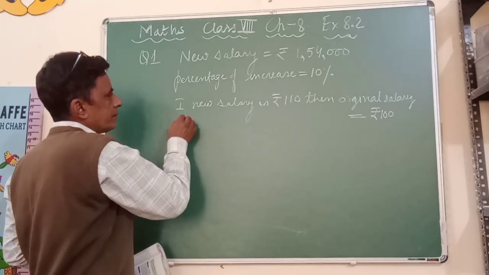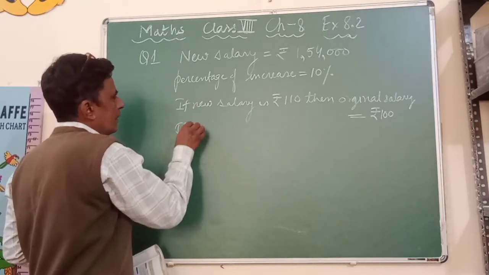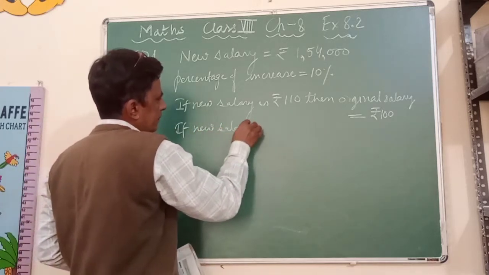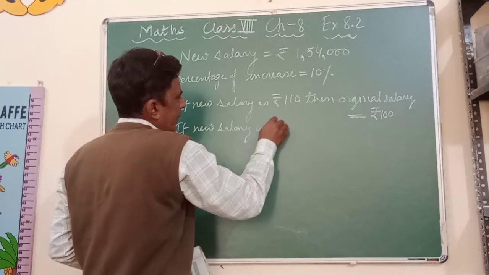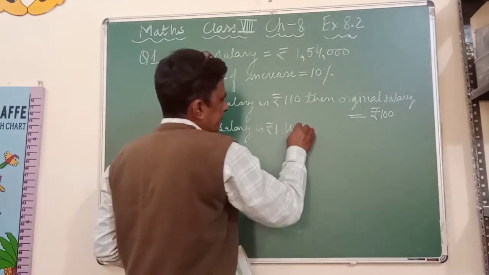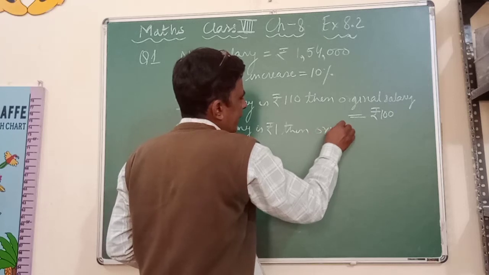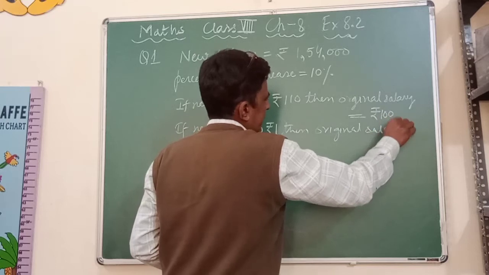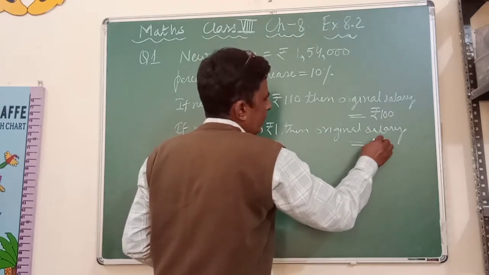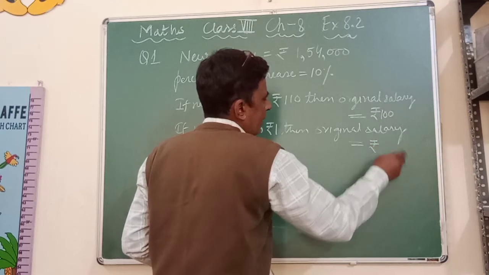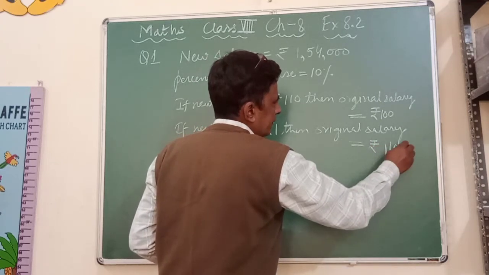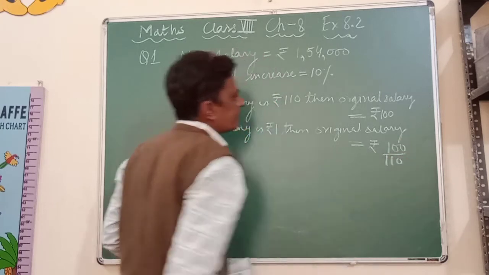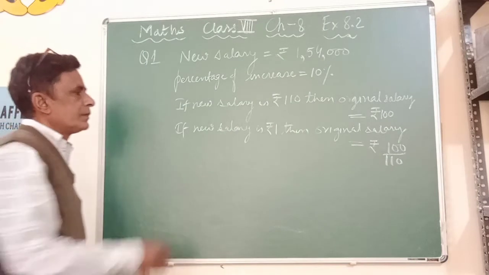If new salary is rupee 1, then original salary is equal to rupees 100 divided by 110. This is called the unitary method.